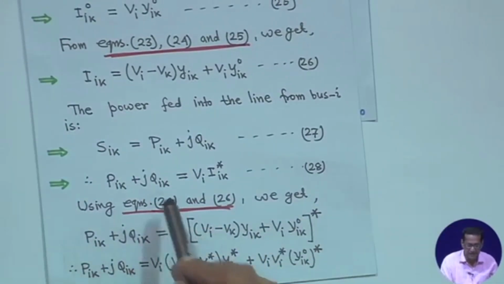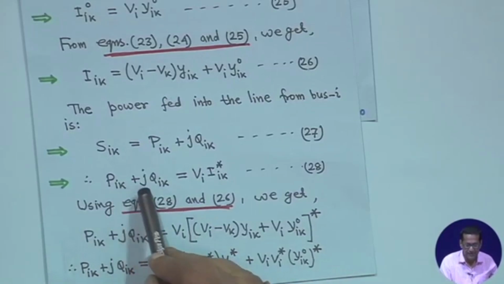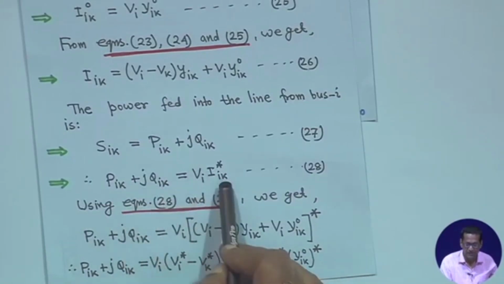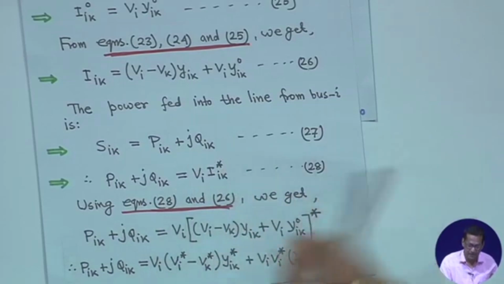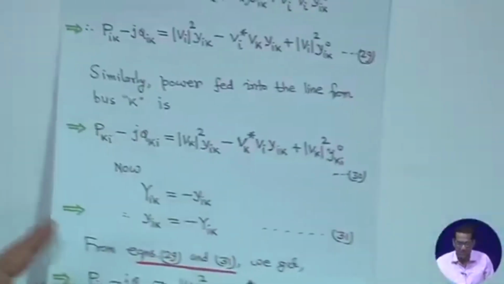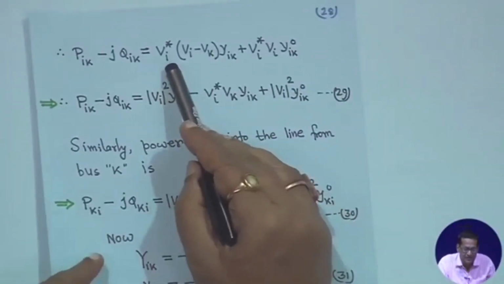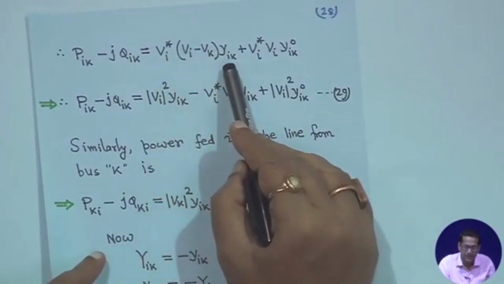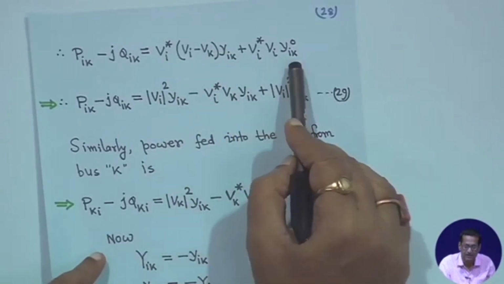Actually, directly you should have made it P_ik minus jQ_ik equal to V_i conjugate I_ik. After that, again I have taken P_ik minus jQ_ik. In that case, P_ik minus jQ_ik will be basically V_i conjugate (V_i minus V_k) y_ik plus V_i conjugate V_i y_ik0.